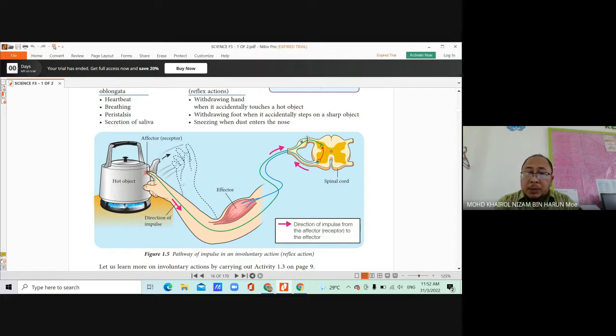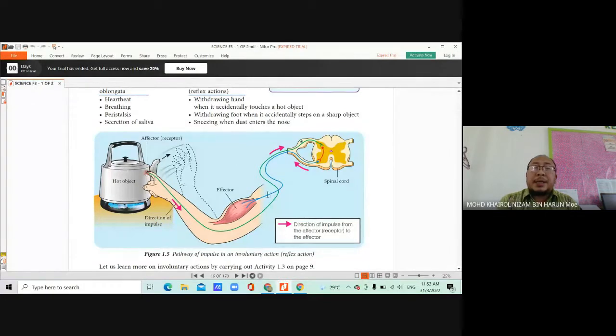Through the spinal cord, the spinal cord will give a response and send the impulses to the effector, for example muscle. The muscle will contract and keep our hand away from the hot object.